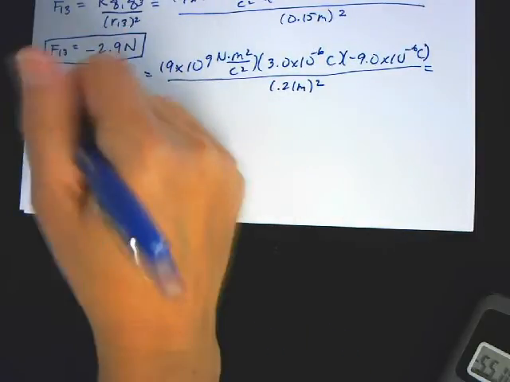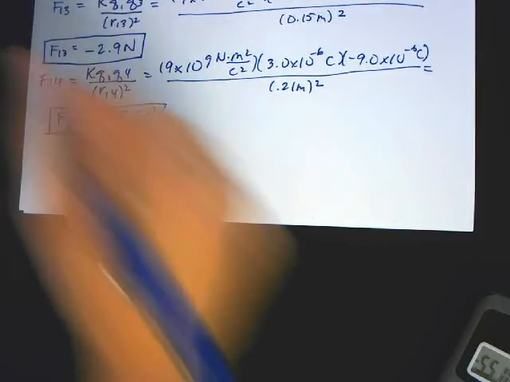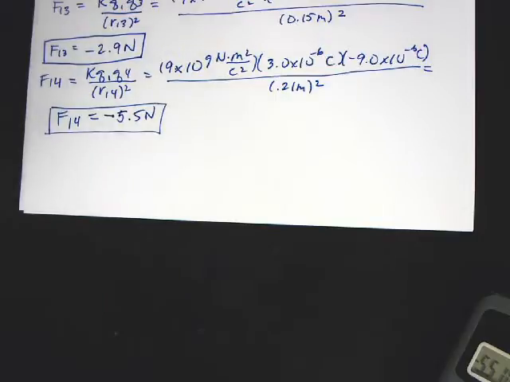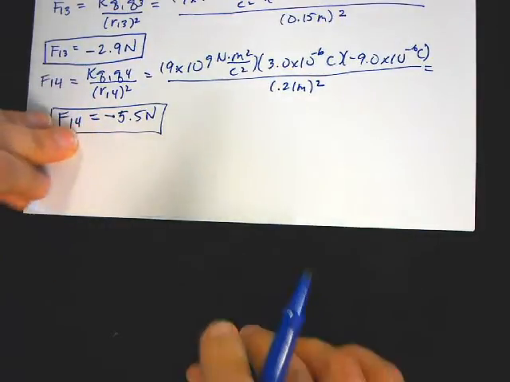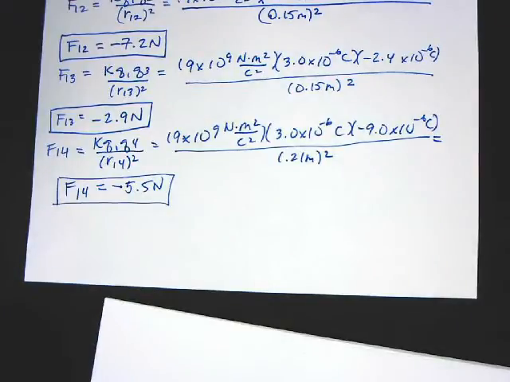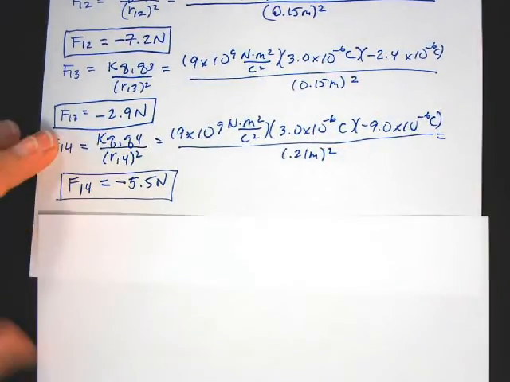So what I'm going to do is make a chart. And with that chart, I'm going to find the horizontal and vertical components of each force. And then I'll add up all my x's and all my y's. Here's my force, here's going to be Fx, and here's going to be Fy.